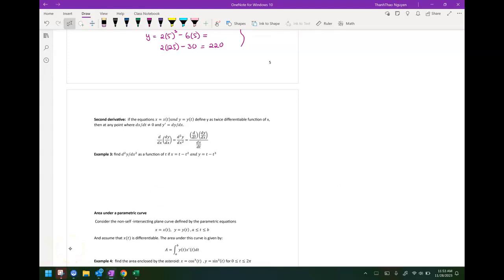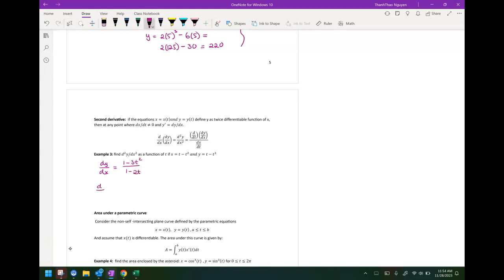So let's first calculate dy/dx. dy/dx is equal to 1 minus 3t squared divided by 1 minus 2t.